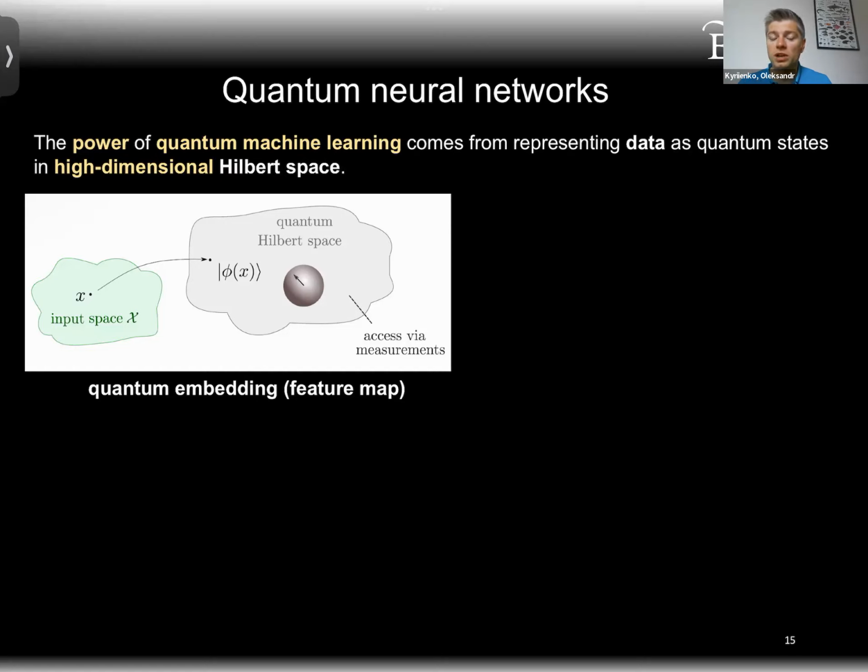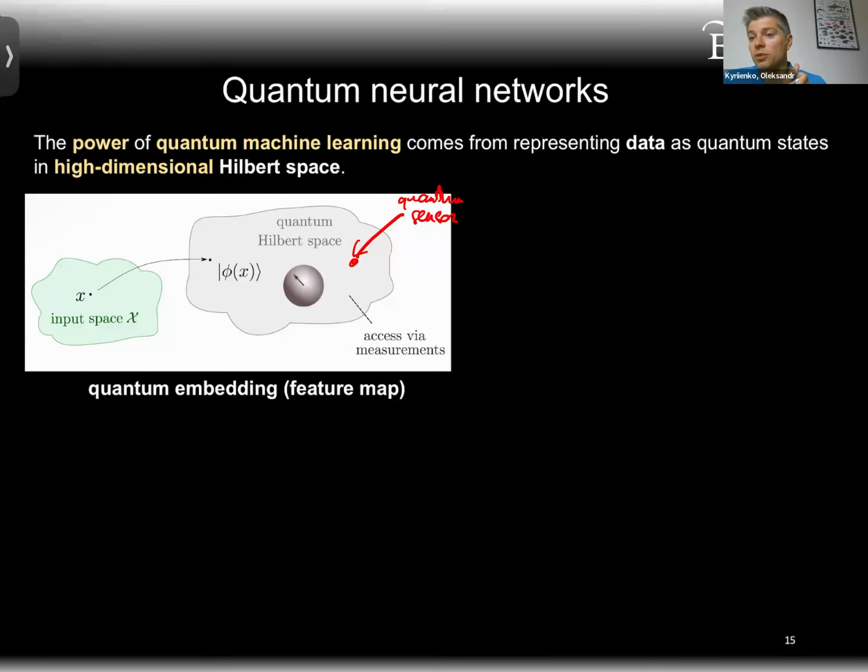Or you could also start with data that's quantum in principle. So for instance, you could say that this is a state that comes from a quantum sensor. And in this case, you have measured something.